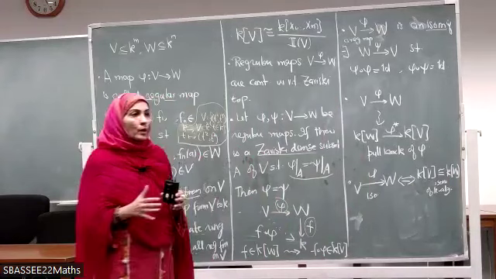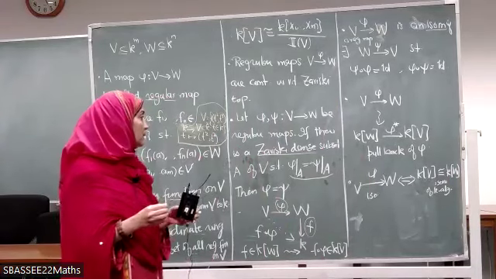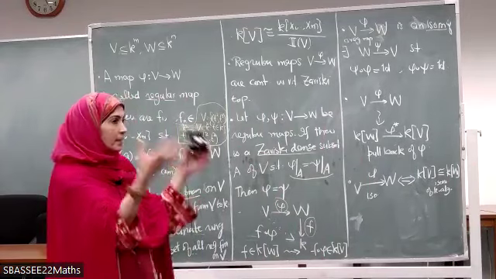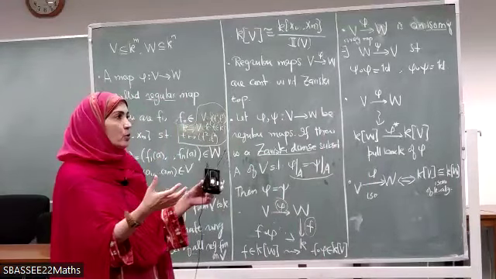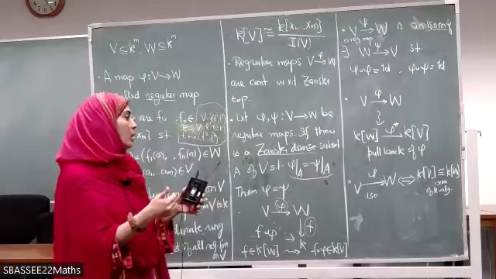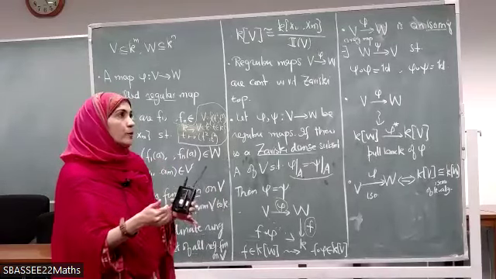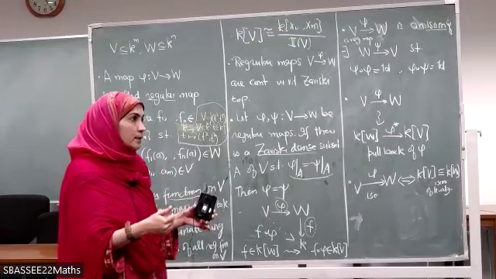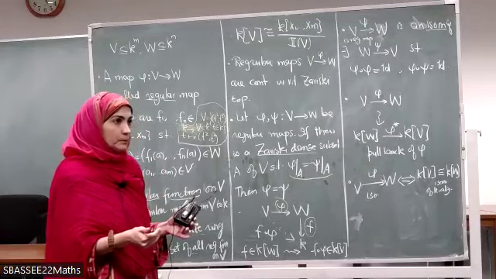So if you want to check whether two given varieties are isomorphic or not, you can just check their coordinate rings. If they are isomorphic, then definitely they are isomorphic as varieties, and vice versa.